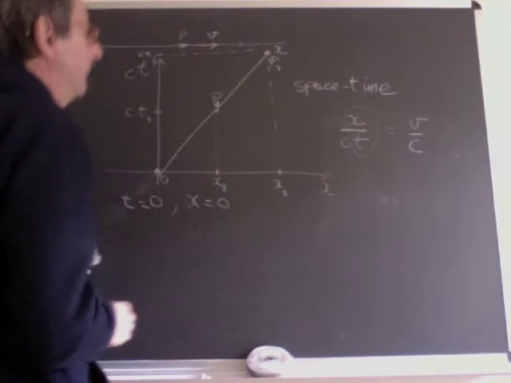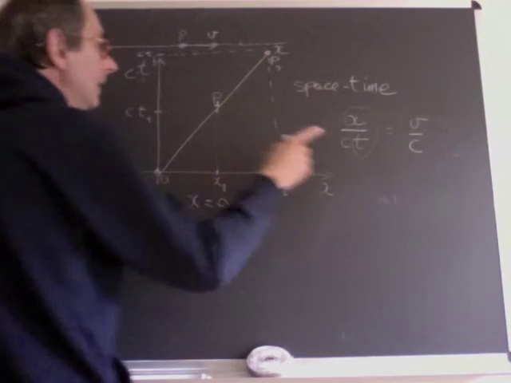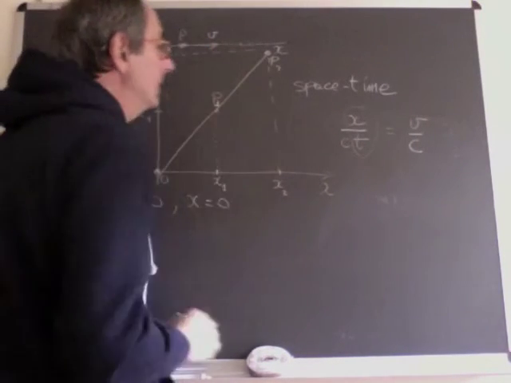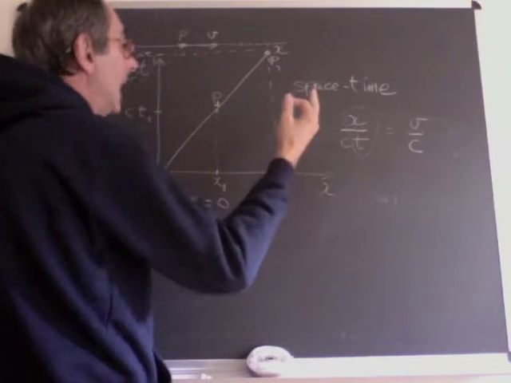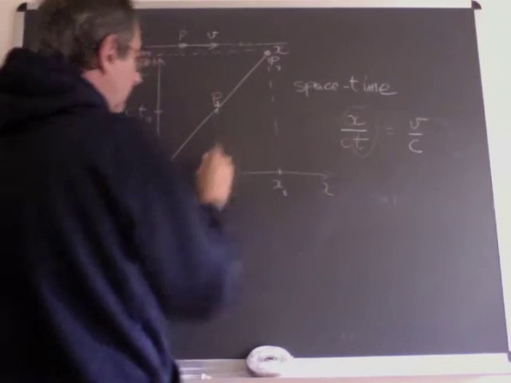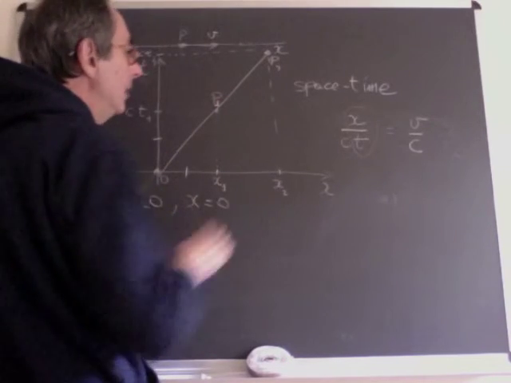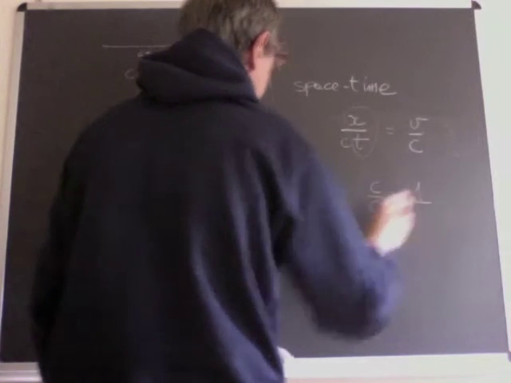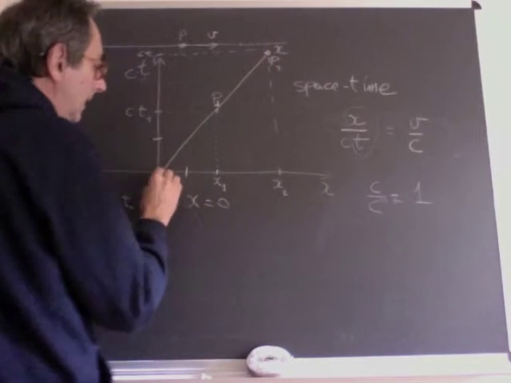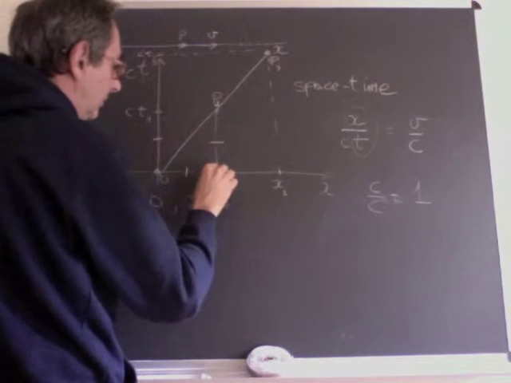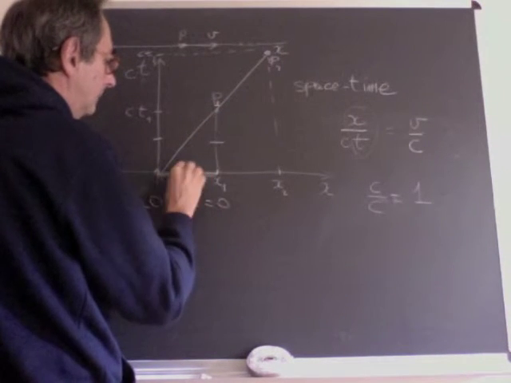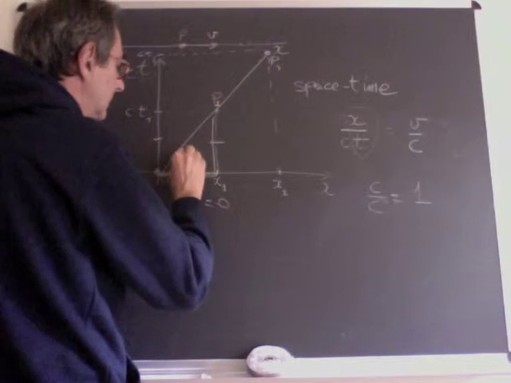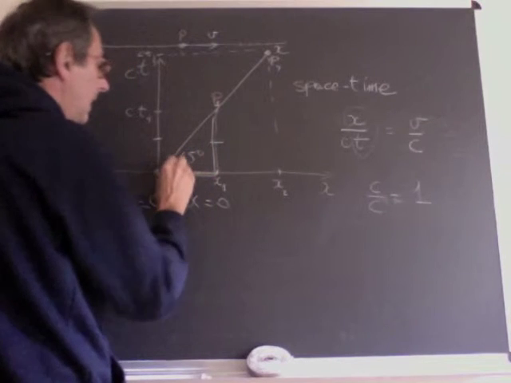So what does it mean exactly? It means that if the point moving along the straight line is a photon, a beam of light, the ratio between this and this will be 1, because c over c is equal to 1. And if the ratio between the horizontal side and the vertical side is equal to 1, we know that this is a 45 degrees angle.